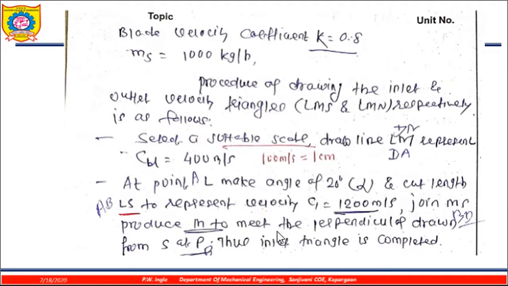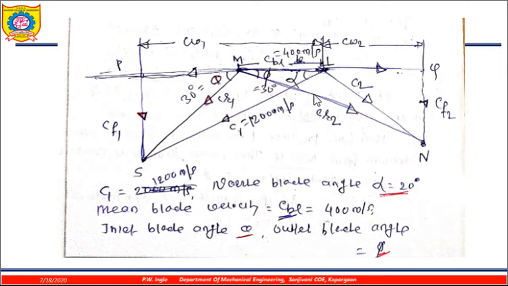Next, join MS and produce it. Drop the perpendicular, which will meet at P. This completes the inlet velocity triangle.